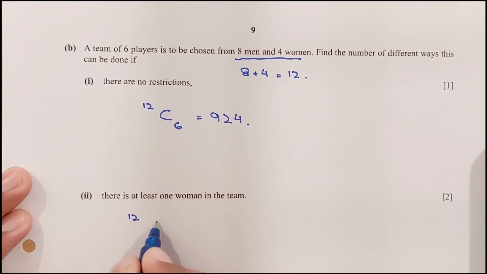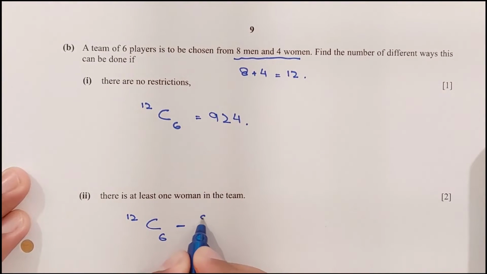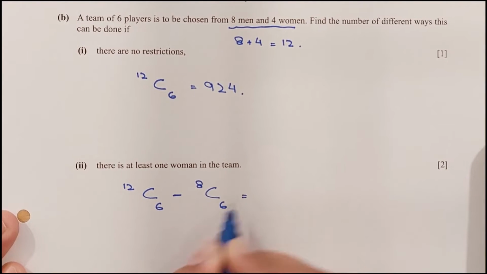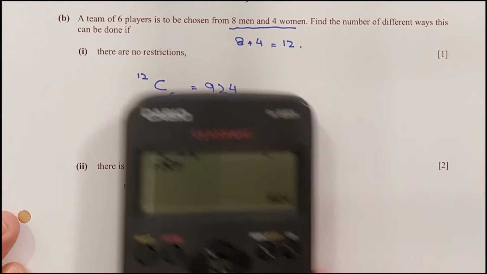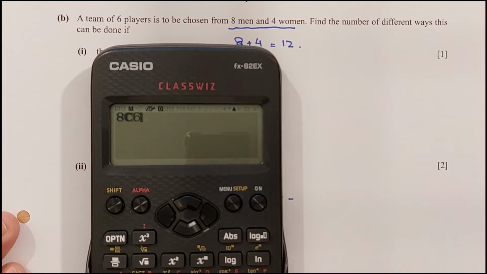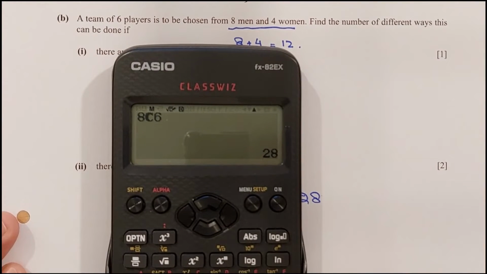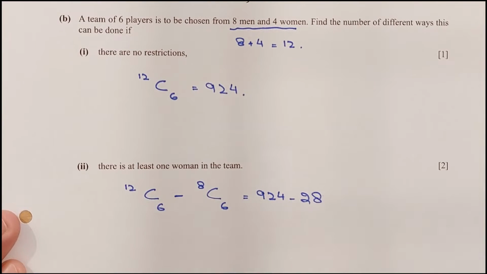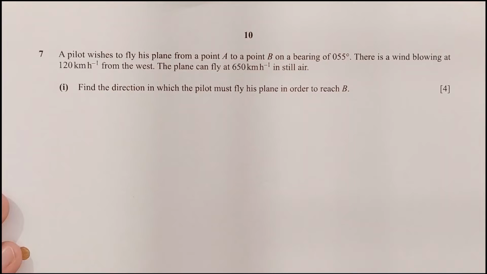So from the total 12C6, we have to subtract the team that is purely made of men, which is 8C6. 12C6 is again 924, and we subtract 8C6, which is 28. So 924 minus 28 is 896. There are 896 teams we can make that have at least 1 woman in the team.